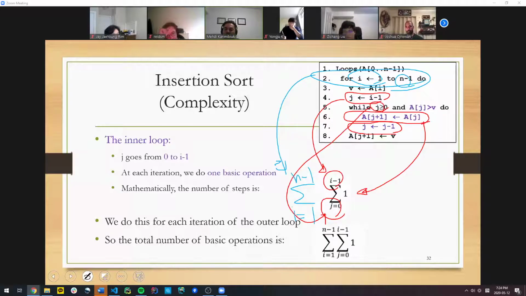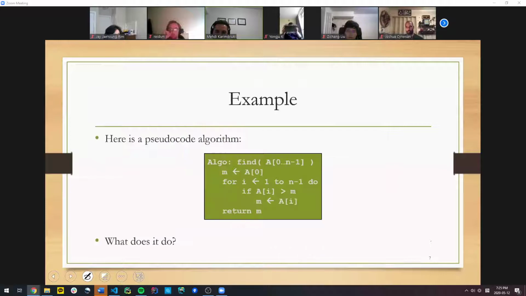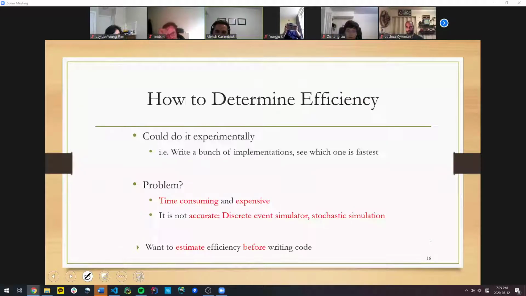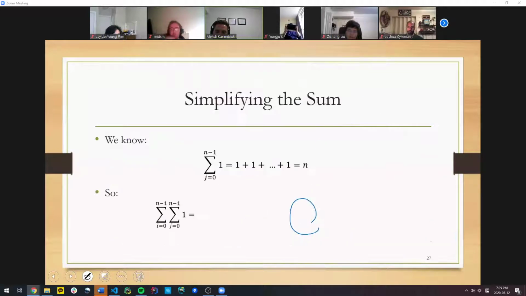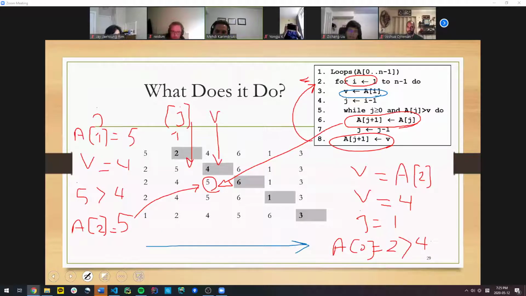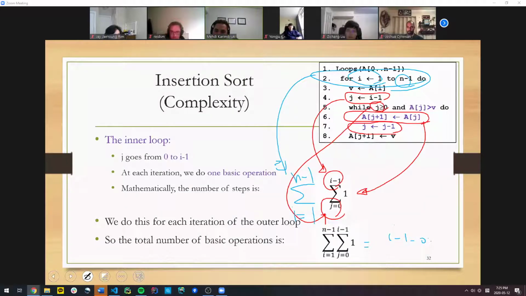I mean, we have our own cheat sheets, but we can easily say that, okay, this is i minus 1 minus 0 plus, oh, sorry, plus i minus 1 minus 1 plus 1 times 1, right?